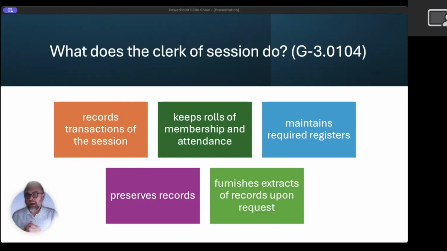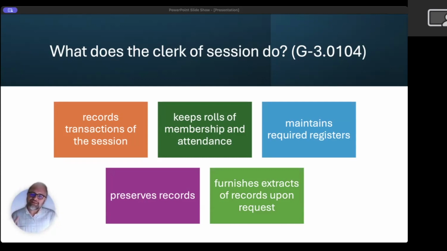I'd call that an extract of records. I hope the only other time you would have to do that is if there were a disciplinary matter, a remedial case that came out of your session, and somebody needed some information about that action. I would work with you very closely to do that.